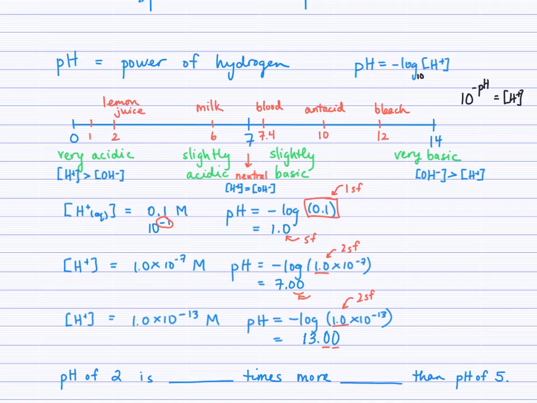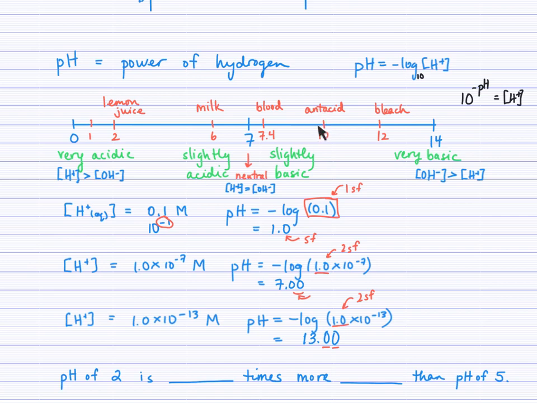I gave you some common household examples here, but certainly you could look up some more for your interest. Lemon juice down here is a pH of 2, tomatoes will be somewhere in here, milk is a pH of 6. Your blood pH is carefully controlled. It's hazardous to be outside of the normal range, but really 7.35 to 7.45 is the optimal range for the pH of your blood.